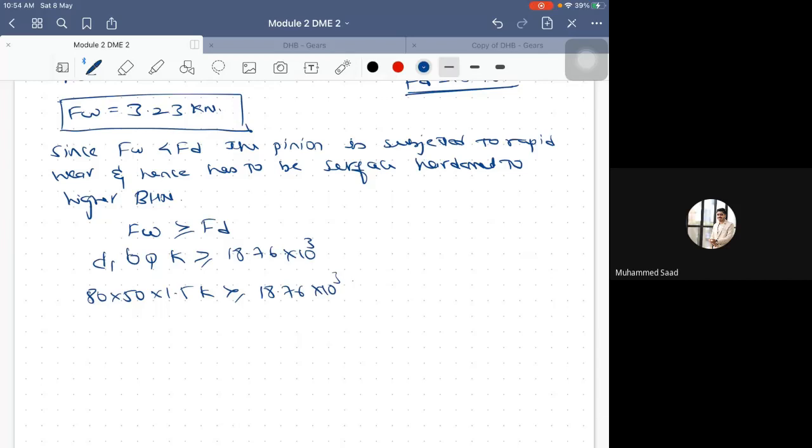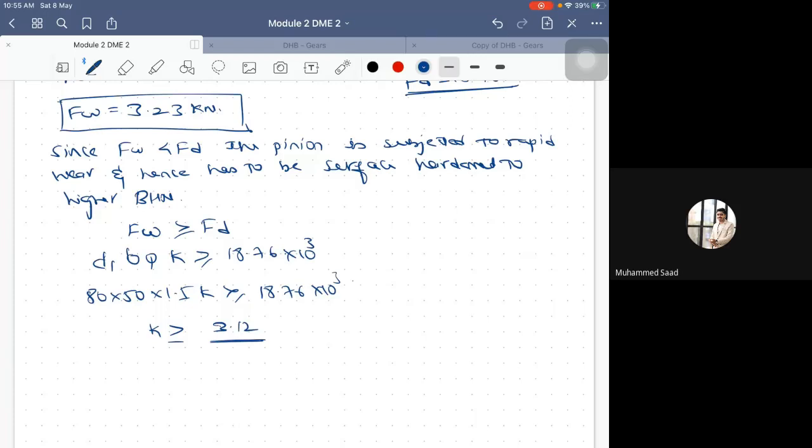Now K should be greater than or equal to what value? It is 3.12.